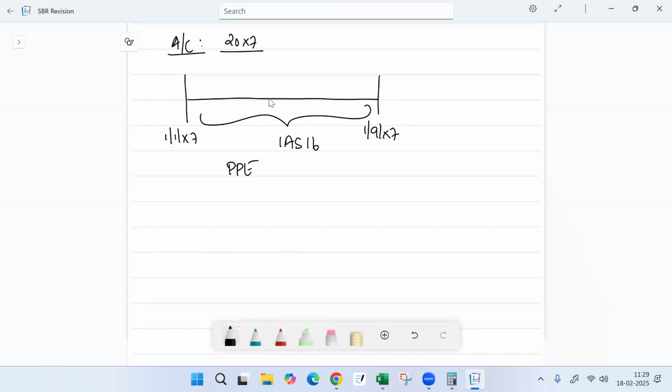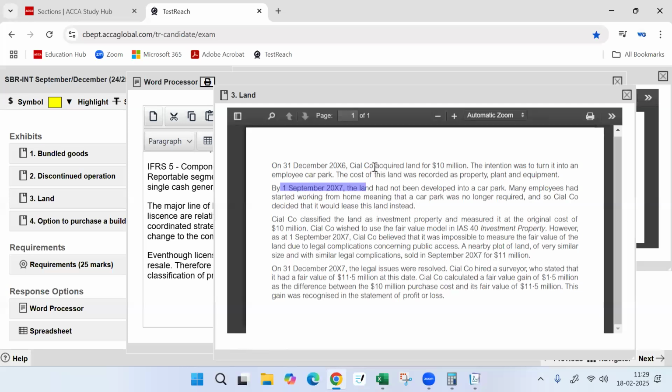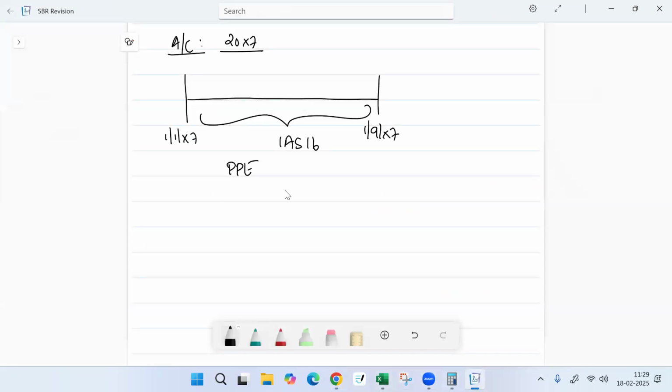Now, we purchased on 31st December with the 10 million and turned it into an employee car park. The cost of the land was how much? 10 million, correct? Now, property, plant and equipment cost was how much? 10 million, correct? Should we calculate depreciation?